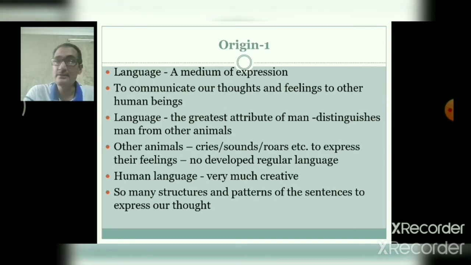As we find a number of animals around, they communicate with each other, but their way of communication is not like human beings, as we find in human beings a systematic use of language. What do these animals do? They use their cries, their sounds, their roars and different kinds of sounds which help them to communicate with the animal of their own species.